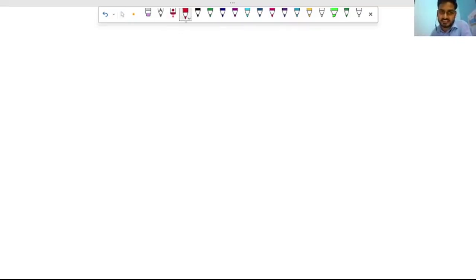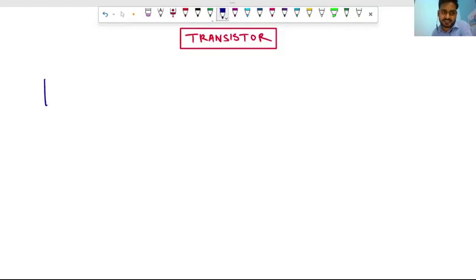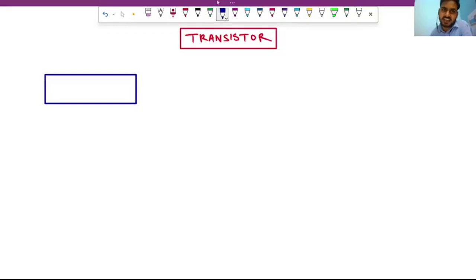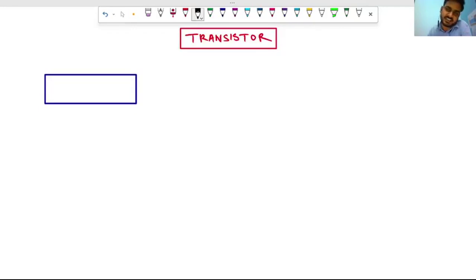Now we'll discuss the transistor briefly. Okay. So what is a transistor? Here also, as in the earlier case for a diode, initially we took a semiconductor and we doped it in two segments. One side the majority carrier was p type and in the other n type.